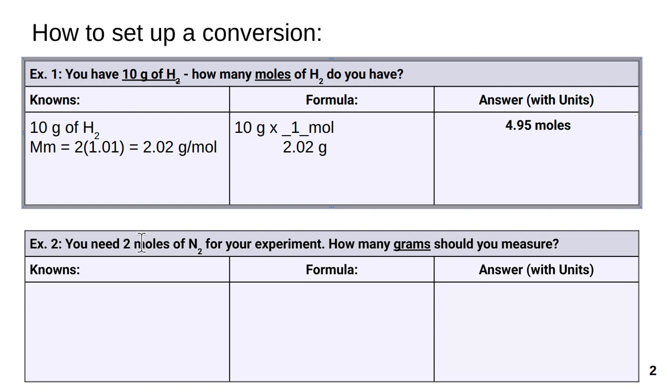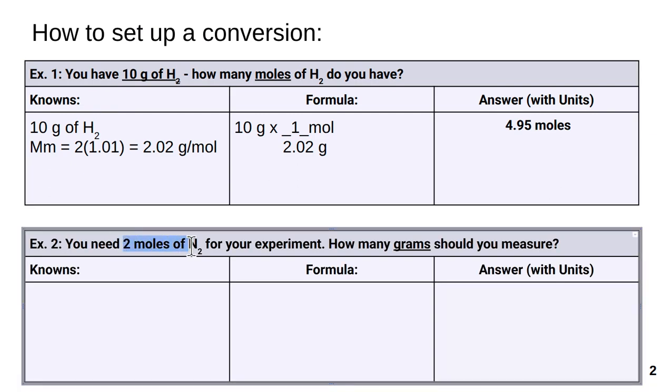We can also do the opposite. So in my second problem, I'm given a number of moles. So that's going to be one of my knowns. It's asking how many grams. So remember that our answer should have the units grams. Then it should be pretty easy to set up my equation.